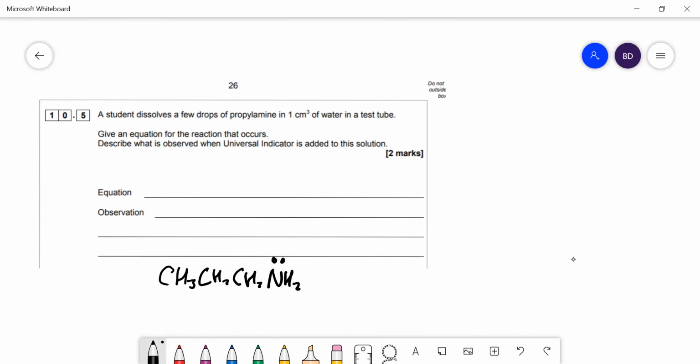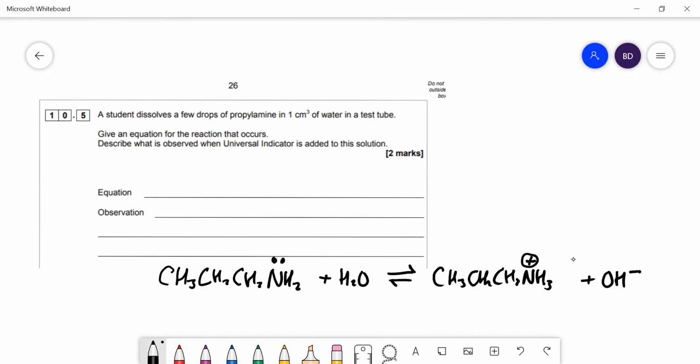Let's put that to remind ourselves it's a base. That's going to accept a proton from the water. It's not a strong base, so it's a reversible reaction, and so you're going to get CH3, CH2, CH2, NH3 plus, and you're going to get OH minus ions.